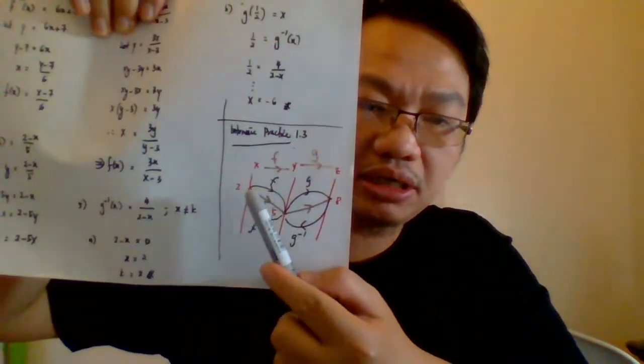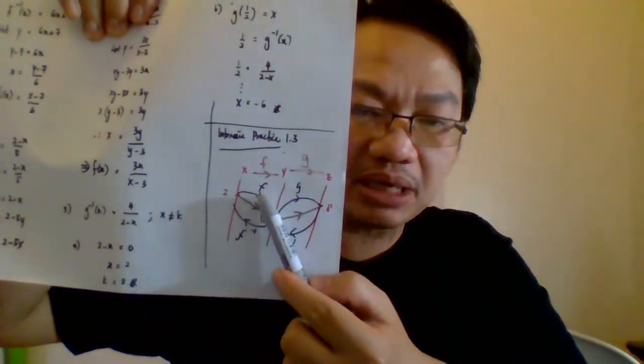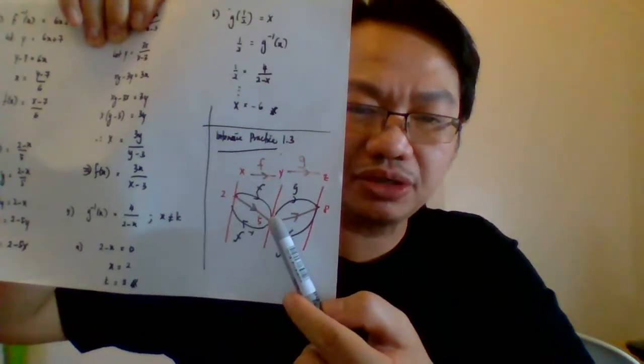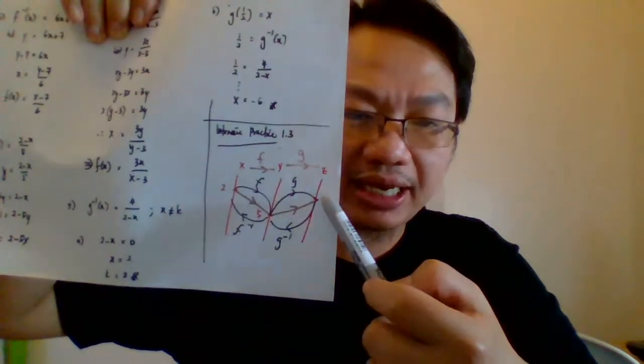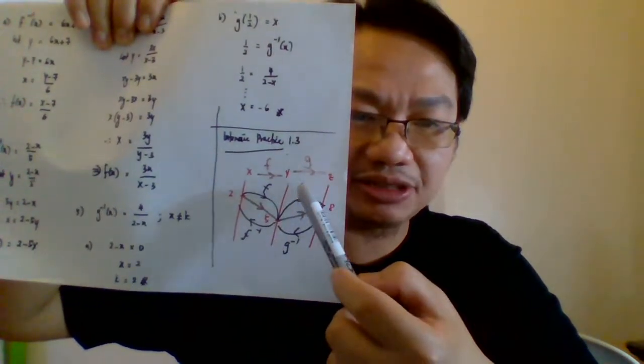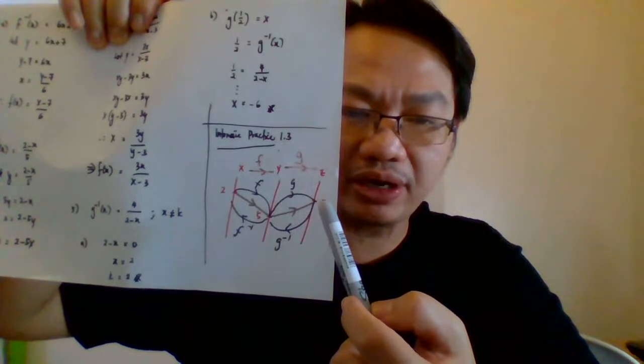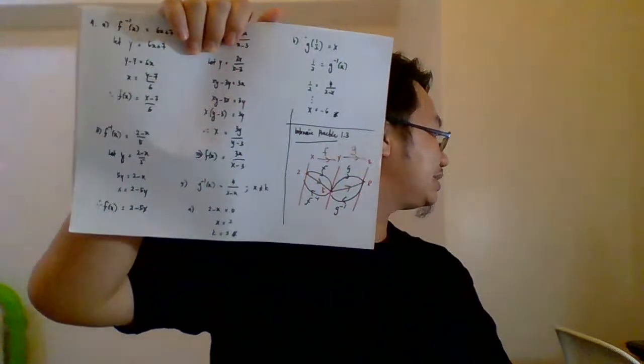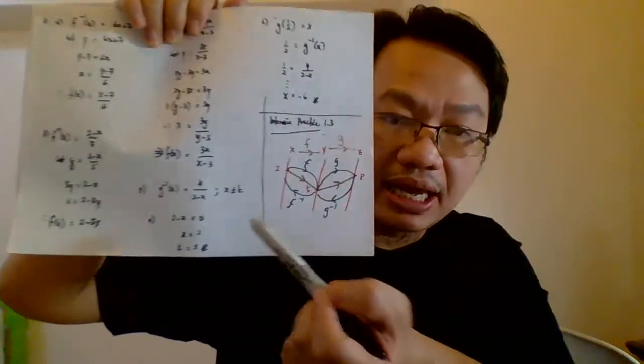From 2 to 5 is a normal F, but from 5 to 2 it becomes F inverse. It also goes to here for G. From 2 to 8, from 5 to 8 is a normal G function, but when we revert G to 5, it is a G inverse. Okay, now the question is F inverse 5.